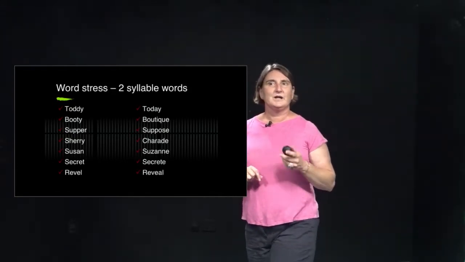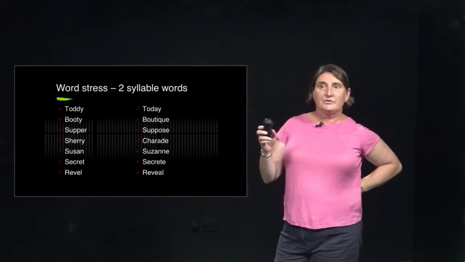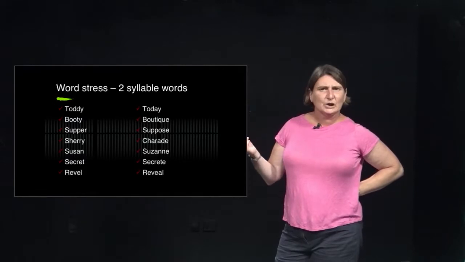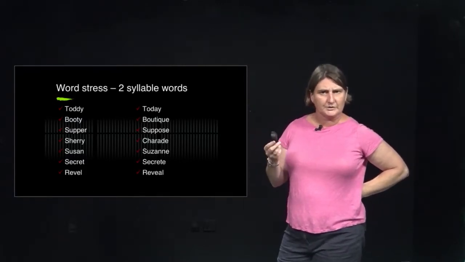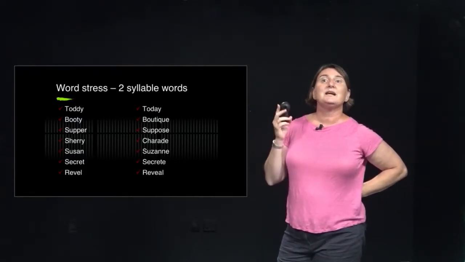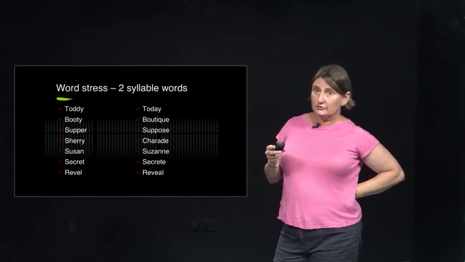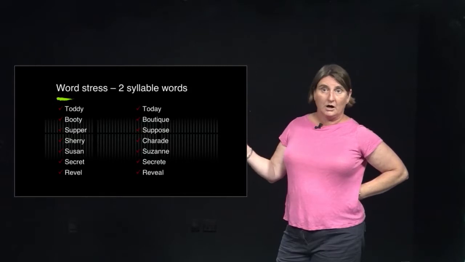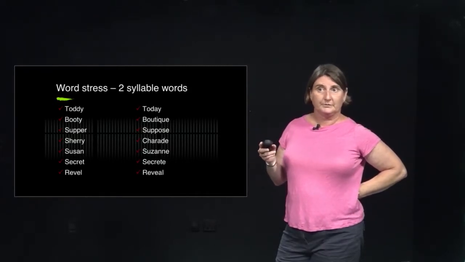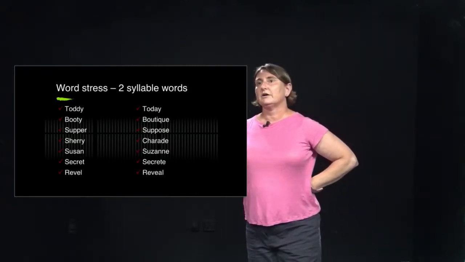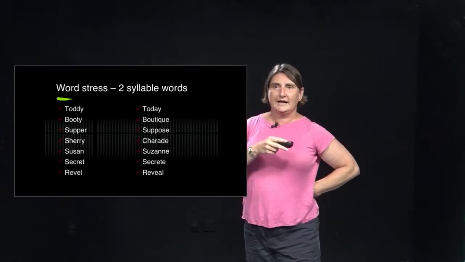Okay, now I'd like you, so these are all as close as I could come to some stress pairs with these. So I think it would be a fabulous idea for you to try to transcribe these. I am not going to do them all, but we're going to talk about what the transcriptions would be, okay? So we've got toddy, today, right?